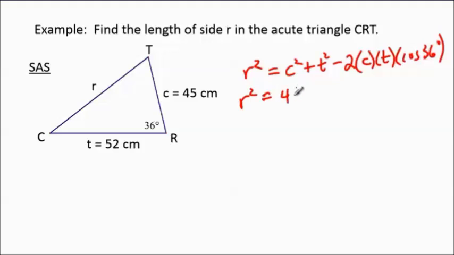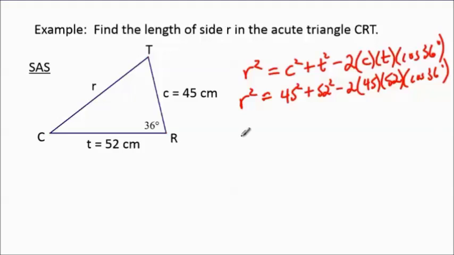All right, now R I don't know, but I do know everything else. So that's 45 squared plus 52 squared minus 2 times 45 times 52 times the cosine of 36 degrees. And this is one of the easier forms of the law of cosines, because if I'm solving for a side, I can type this into my calculator carefully in one long expression and get the result.